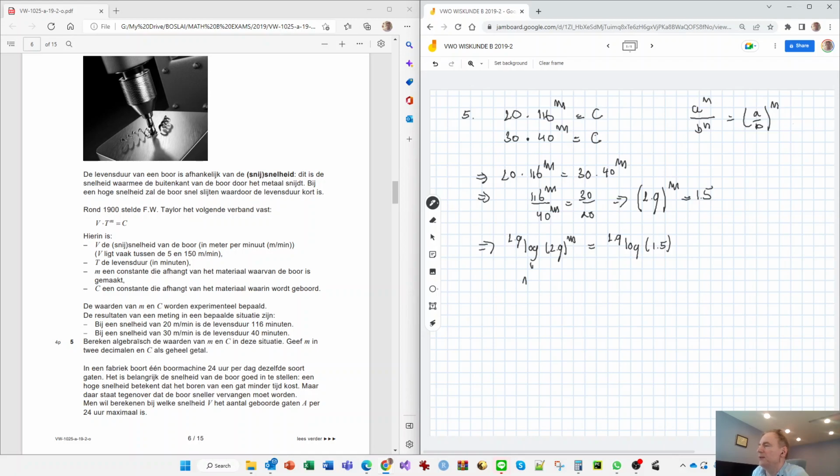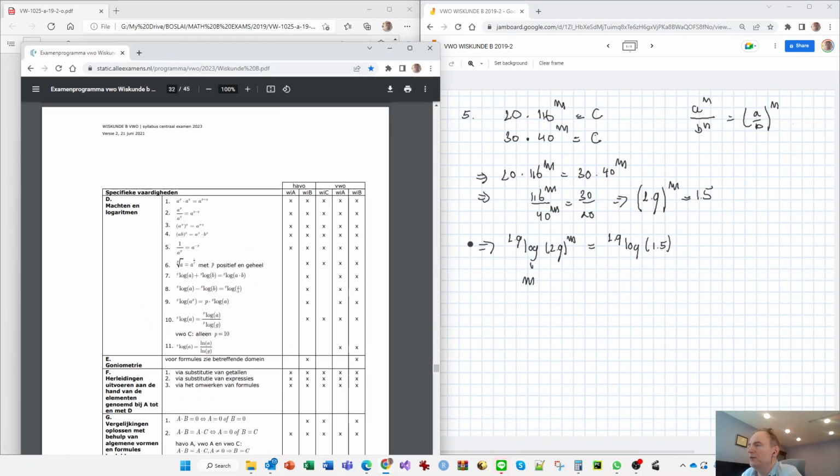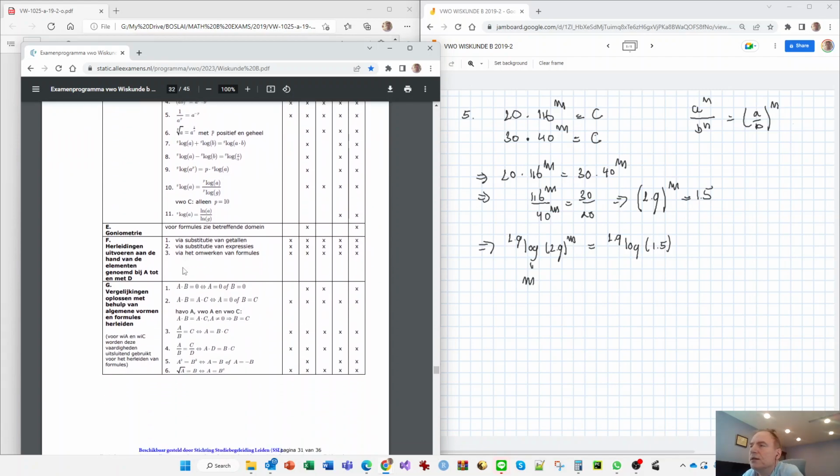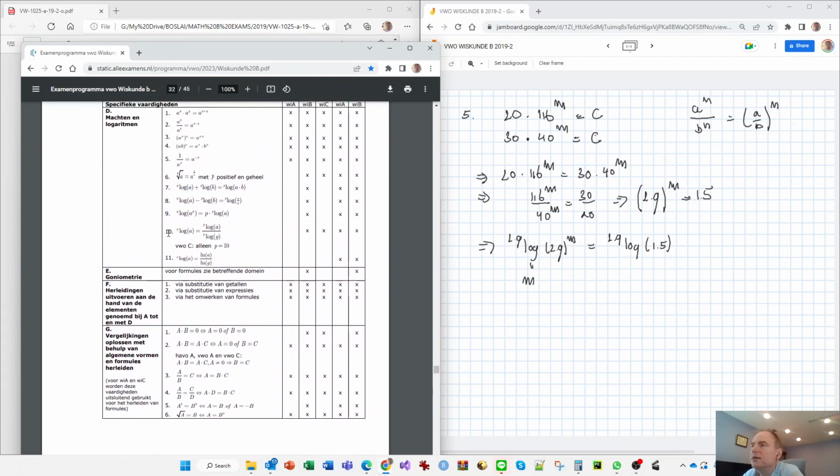So we have to calculate this. For this, you need to know how to change the base of logarithms. That's also a basic equation that has to be known under the exam programma, you can see this.